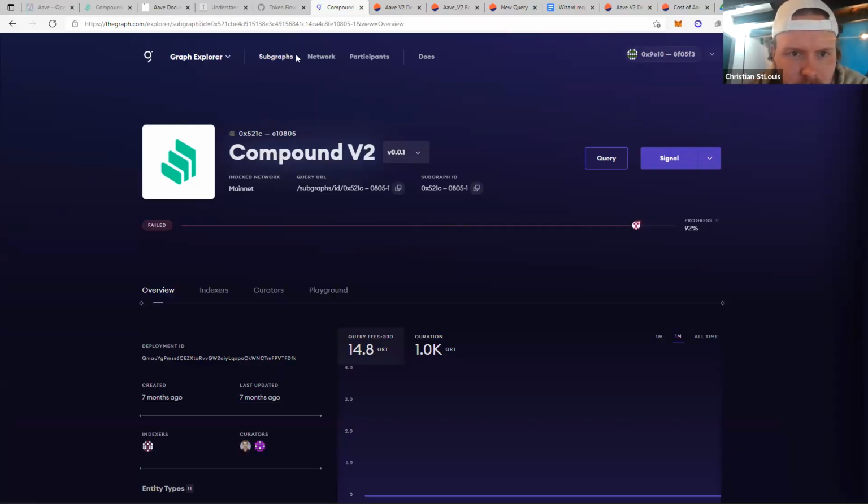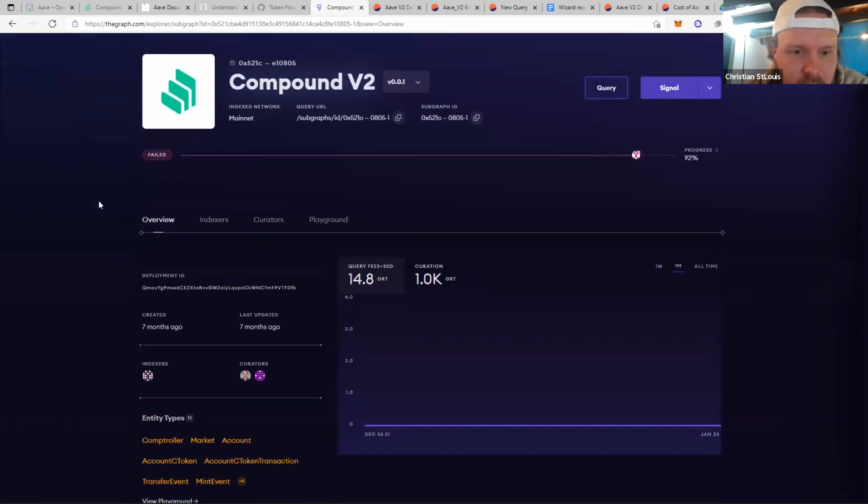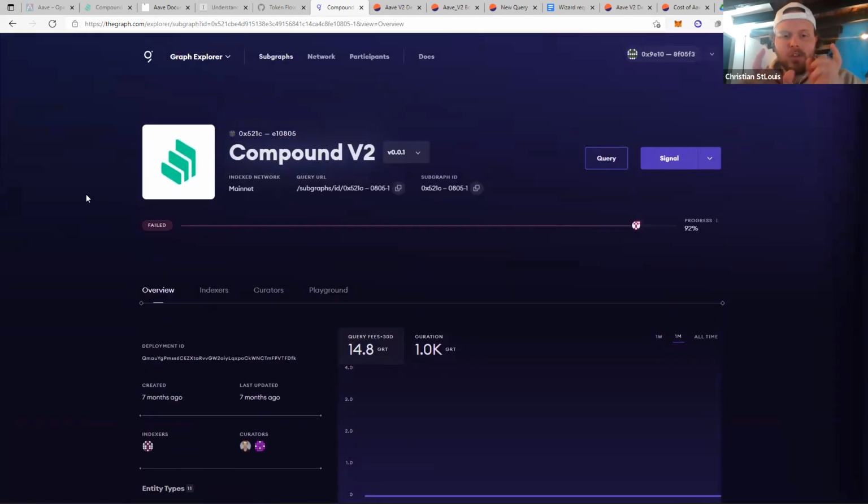So here we have, for example, a subgraph that someone created, someone developed the subgraph, and it's very similar to Dune.